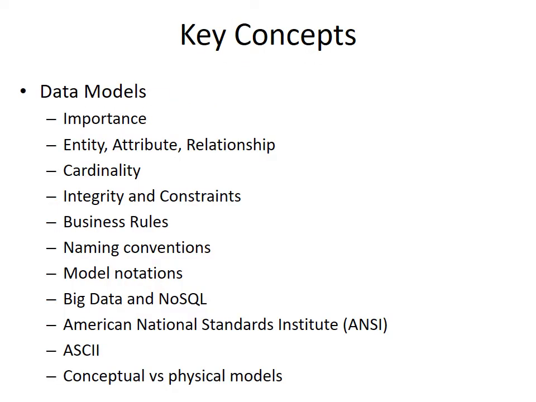So key concepts that you should be aware of. Why are data models important? What are the different types of data models? What is an entity, attribute, and relationship? An entity is something that will typically turn into one or more tables. So just because you have an entity of patient does not mean that you're going to have just one table called patient.